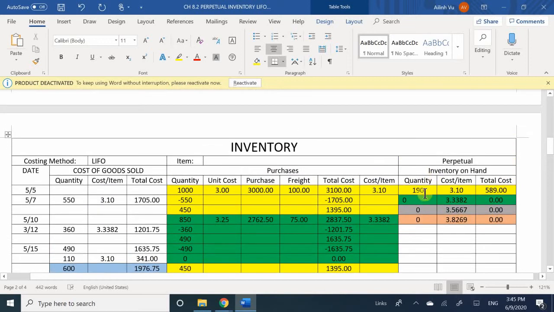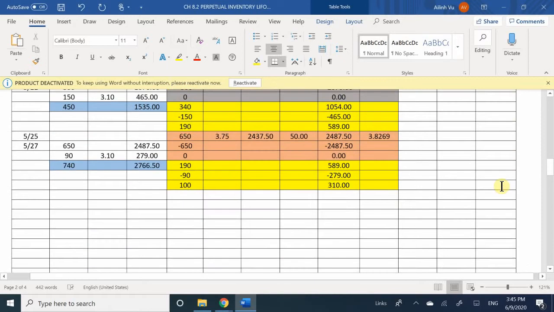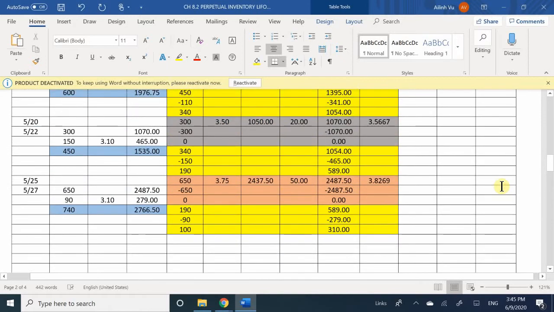And then we can change our inventory here to validate that we have $300.10. All right, and that is it for this scenario. Hey, the numbers match up.